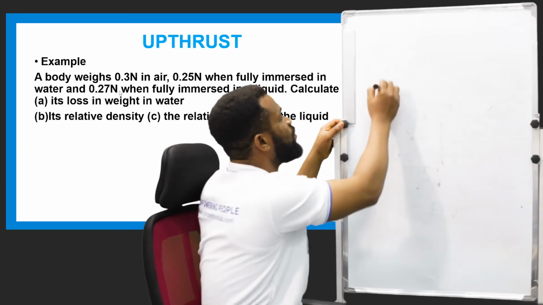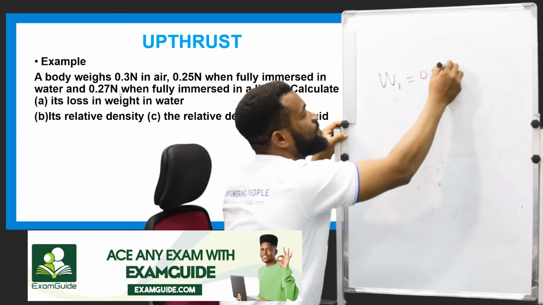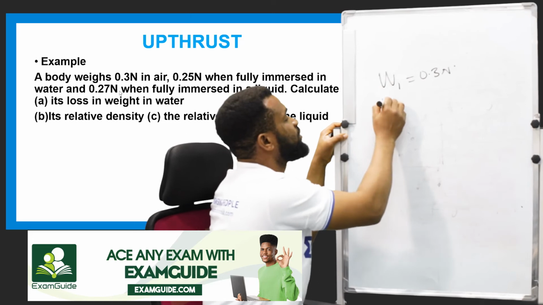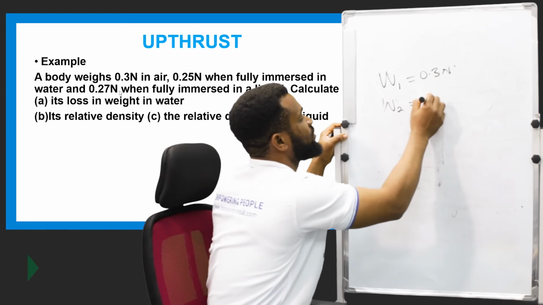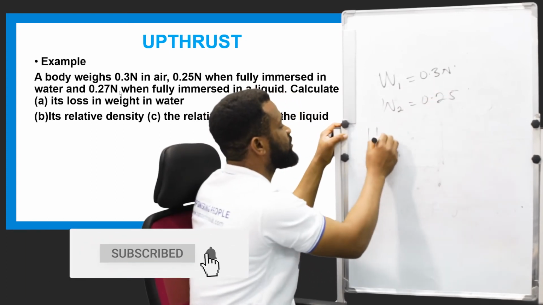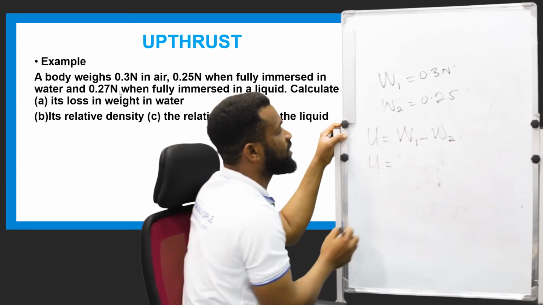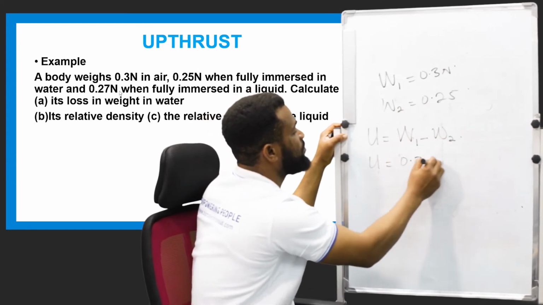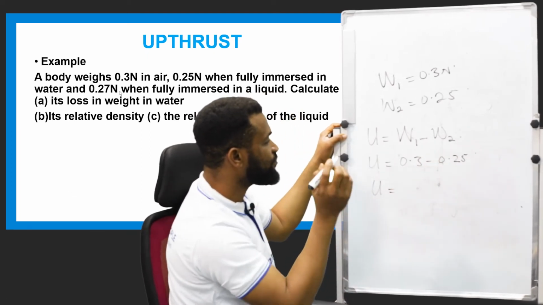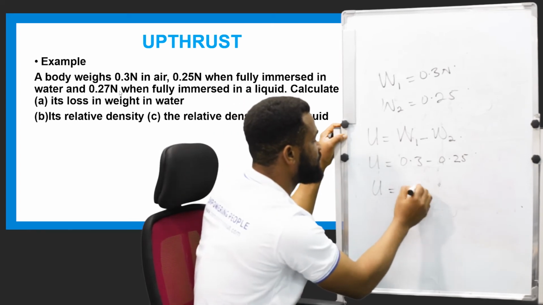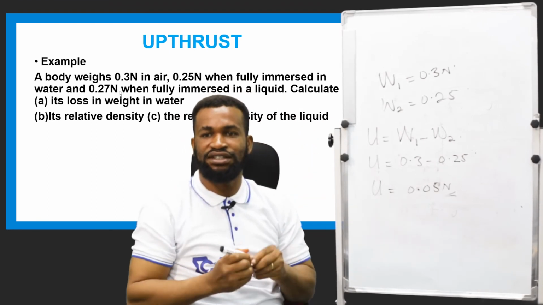So the weight in air, I'm giving it as W1, is 0.3 N, and the weight when fully immersed in water is W2, 0.25 N. So upthrust is weight in air minus weight in liquid. Upthrust is 0.3 minus 0.25, and upthrust is 0.05 N, because upthrust is a weight, and that is it.